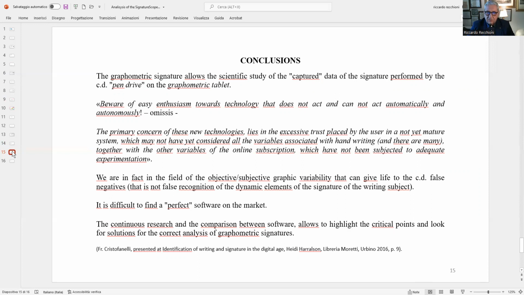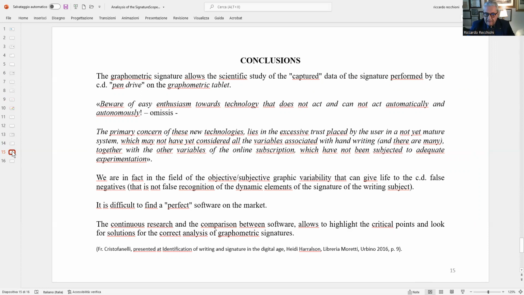The primary concern of these new technologies lies in excessive trust placed by the user in a not yet mature system, which may not have yet considered all the variables associated with handwriting, and there are many, together with the other variables of the online signature, which have not been subjected to adequate experimentation.